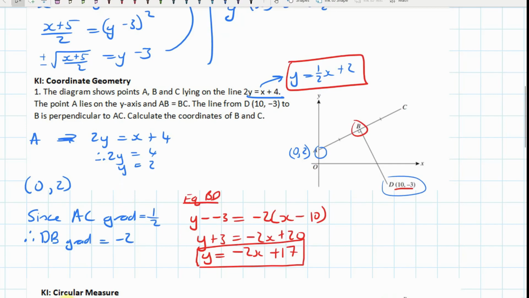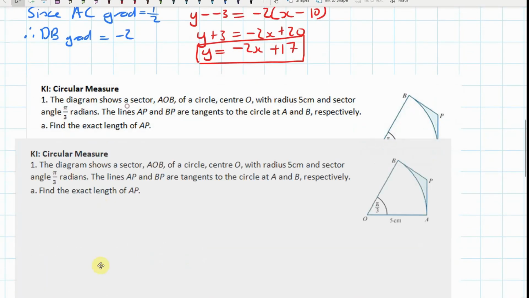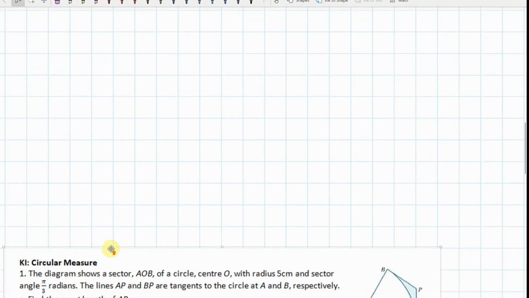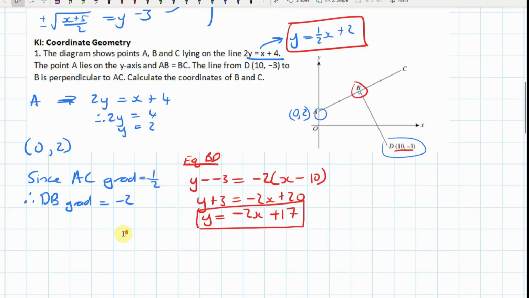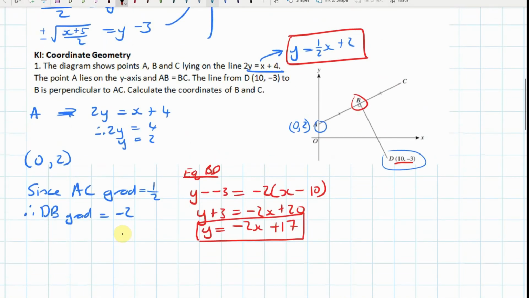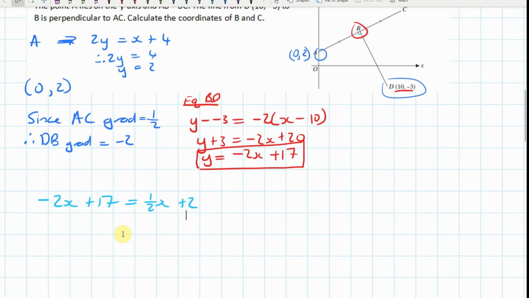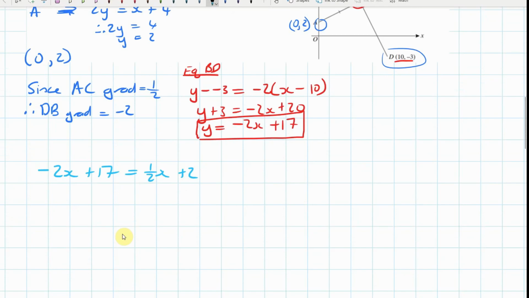Okay, so let's see. I'm going to push this down because I'm going to need some more room here. Okay, so let's make those two equations equal, to see where they meet. So we have -2x plus 17 is equal to 1/2 x plus 2. I'm going to multiply both sides by 2 just to get rid of that annoying half.